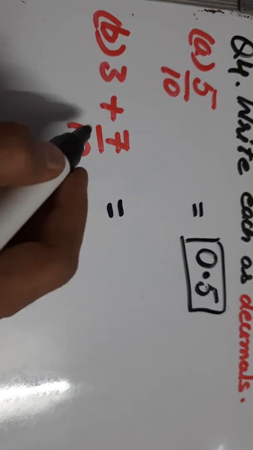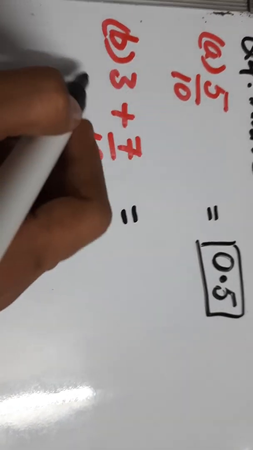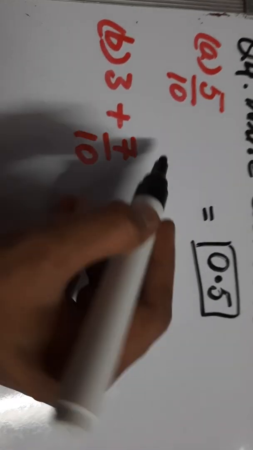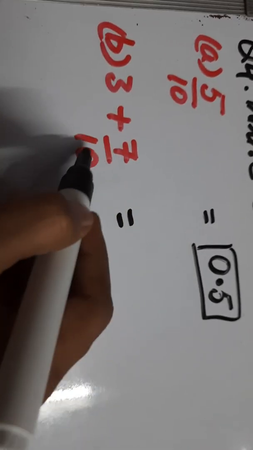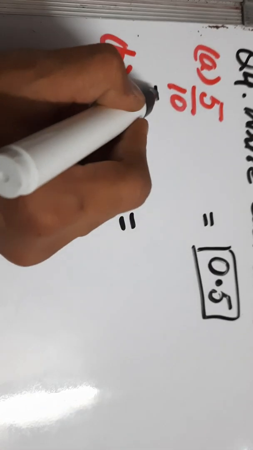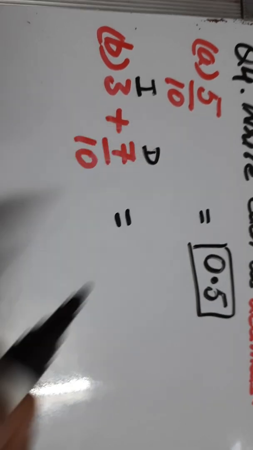Let us see the B part. 3 plus 7 by 10. Now again 3 is the whole part. 3 is the integer part or whole part, and here 10 is in the denominator, that means this is the decimal part.